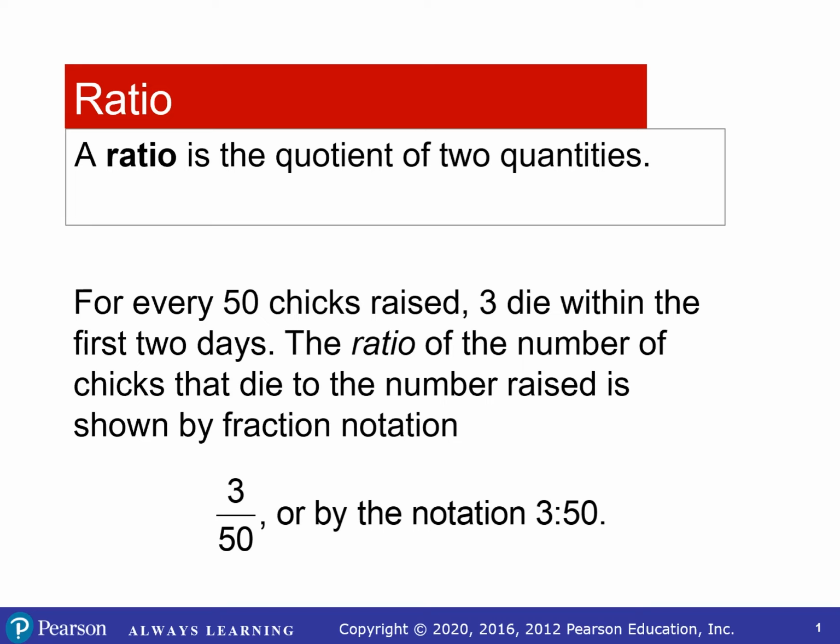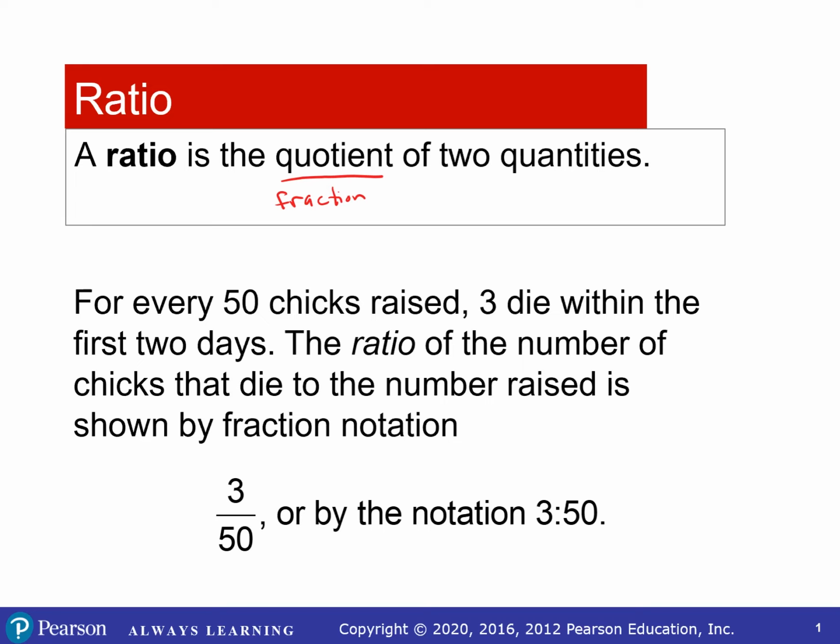So the definition: a ratio is the quotient of two quantities. This word quotient is another word for fraction. A ratio is usually given, there's a few ways it could be given, but normally it's given as a fraction. So for example, for every 50 chicks raised, 3 of them die within the first 2 days.